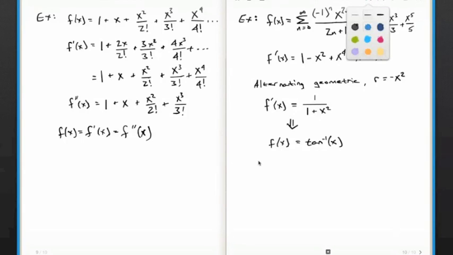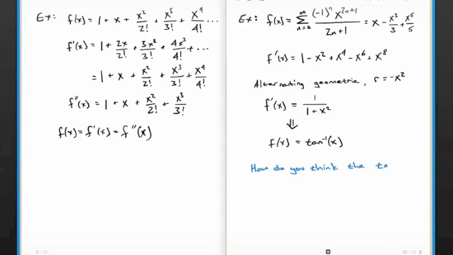So I'm going to ask another rhetorical question. How do you think this button on your calculator works?